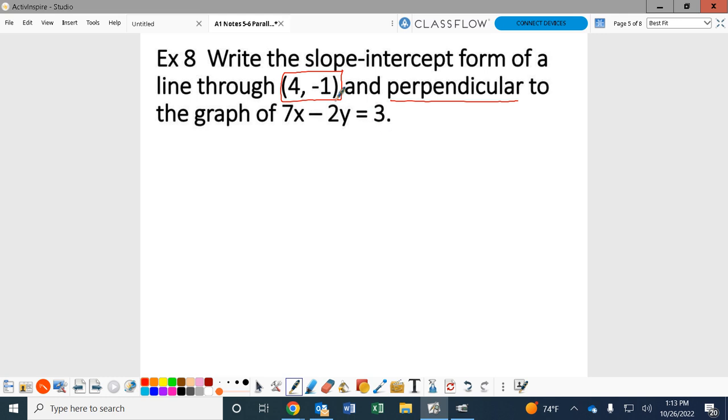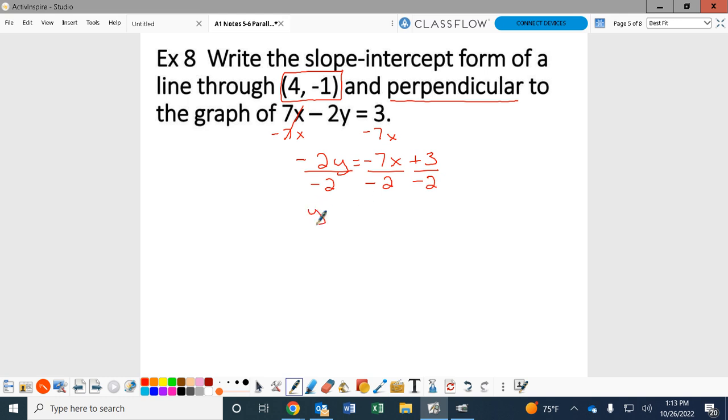So we are going to minus 7x, because we need to make it y equals mx plus b. We're going to cancel this out. We're going to get negative 2y equals negative 7x. And guys, since the 3 is positive, what do you put in front of the 3? Plus 3. I need to divide everything by negative 2 to get the y. Guys, the whole goal is to make it y equals mx plus b.